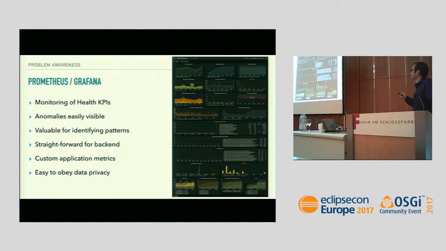And as you're just monitoring the system as a whole, it's not such an issue with data privacy. So that's really great. It's very well known in the server world, but it can be used on embedded devices as well, just to push metrics up to a central Prometheus server.